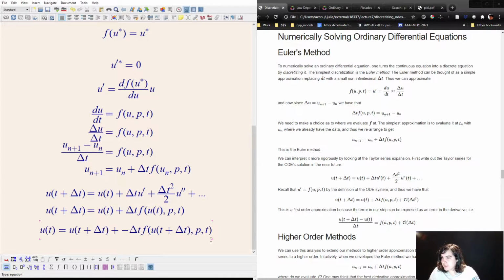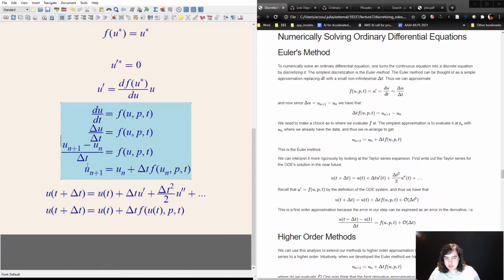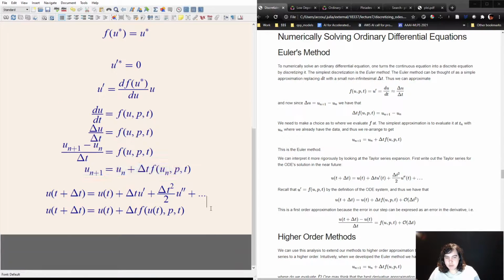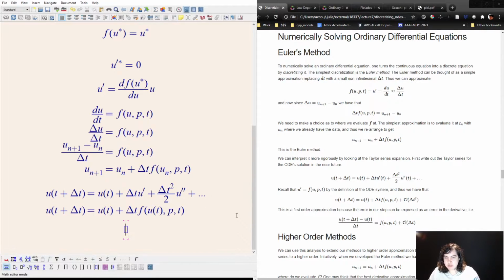So the key here is that there's not a single unique way to build a discrete dynamical system from a continuous equation. This equation works. This is Euler's method. The version where you do the Taylor series in the other order will give you this equation.